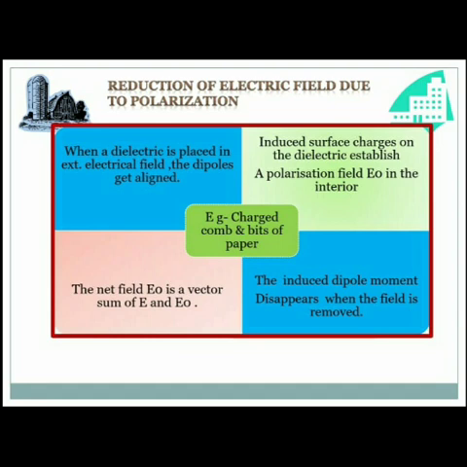The net field is the vector sum of E and E naught. And the induced dipole moment disappears if I remove the field. The best example of this could be seen in a charged comb and bits of paper. So overall, I could say that the reduction of the electric field due to polarization is evident from all the four examples cited here.